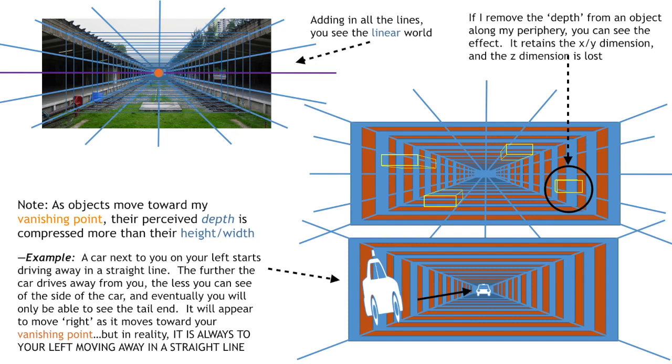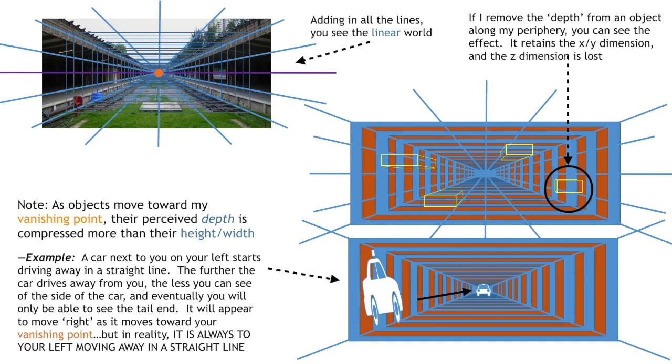So again, if something starts out to your left, like a car, it's going to have a certain amount of depth. But as that car gets further and further away, the amount of depth that you're going to see on that car is getting less and less, where essentially at some point you are only going to be seeing the back of the car.